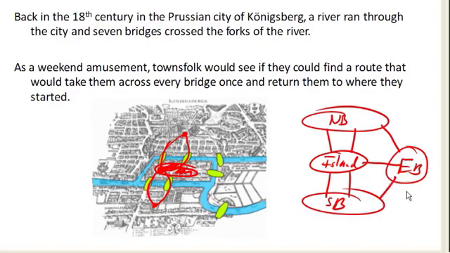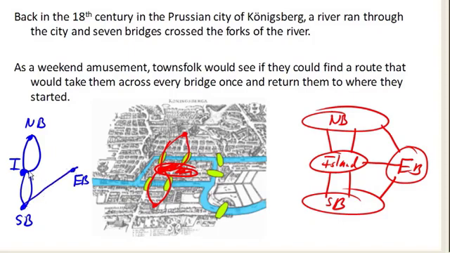And this picture starts getting at the core notion, but again, it doesn't really matter where in the north bank we are. So what we could do is shrink this entire north bank down to a single vertex. And the island could be represented by a single vertex, and the south bank by a single vertex, and the east bank by a single vertex. And there are 2 routes to get from the north bank to the island, 2 routes to get from the south bank to the island, 1 route here, 1 route here, and 1 route here.